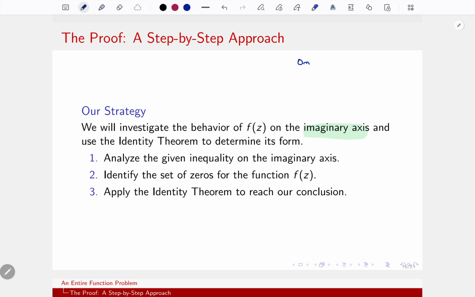So on the imaginary axis, the modulus of the real part of z would actually come out to be 0, and that's exactly what we will be trying to use. And then we'll use the identity theorem. Why are we going for the imaginary axis?